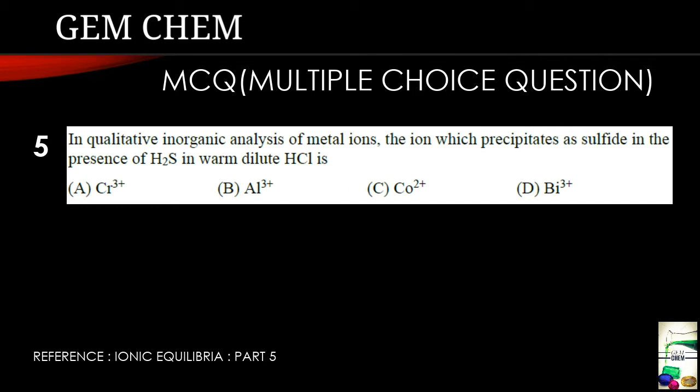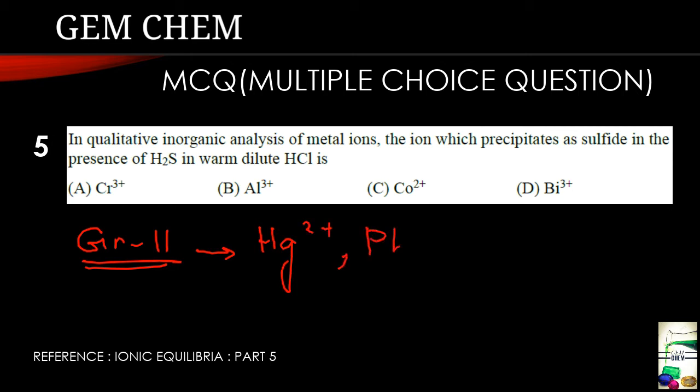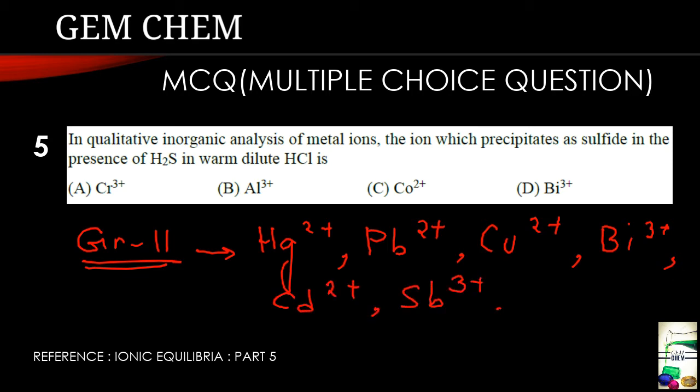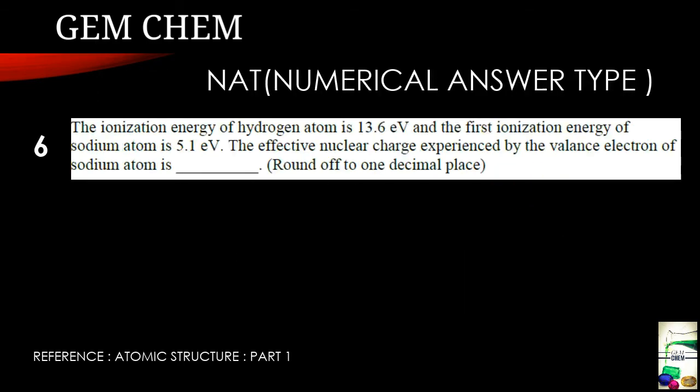So those ions which precipitate as sulfides in acidic condition are group 2 ones, and that includes Hg2+, lead 2+, copper 2+, bismuth 3+, cadmium 2+, antimony 3+, and arsenic 3+. So here from this we can understand our answer will be D, right? So it will be bismuth. Now we will go for the next one.